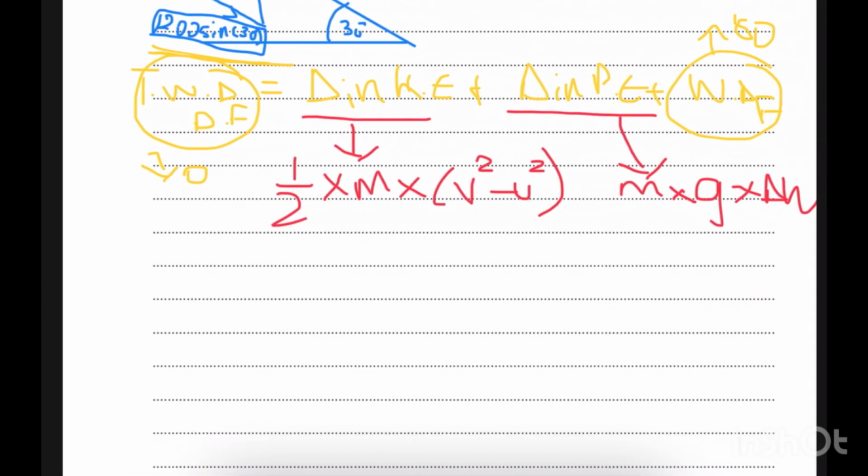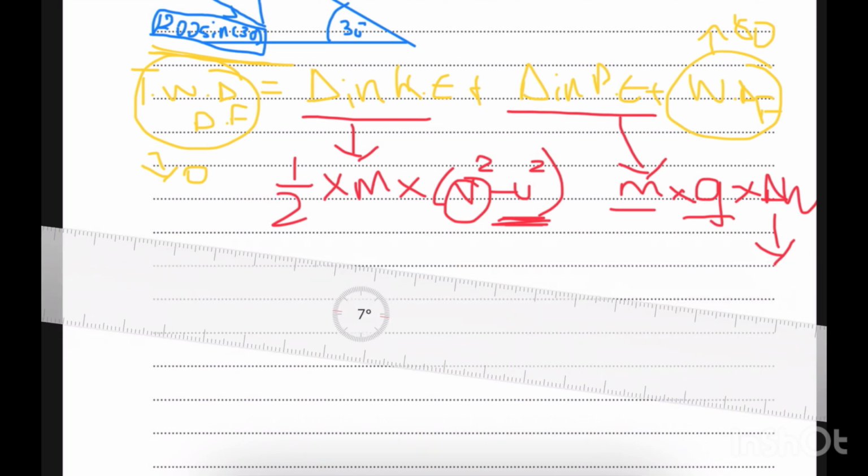So we know the mass of the object, we know the force of gravity is equal to 10, we have the initial velocity, and the final velocity is the unknown variable. So we need to find out the change in height. Now how can we do that? We can use a very easy method.